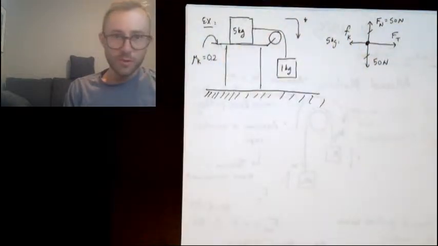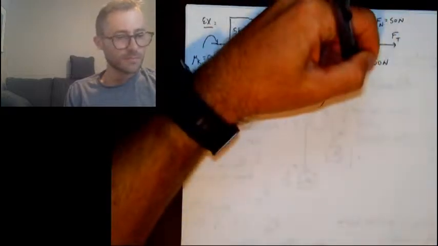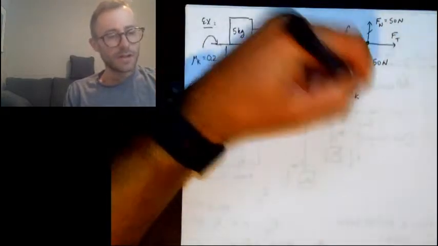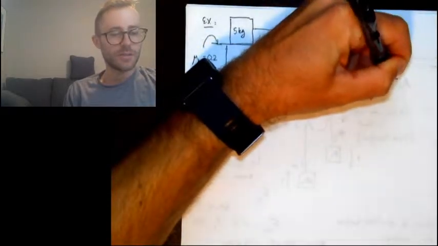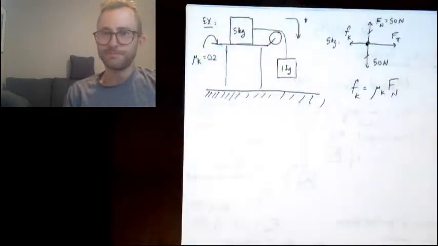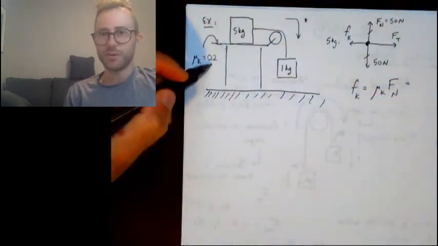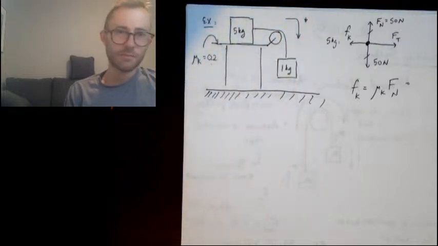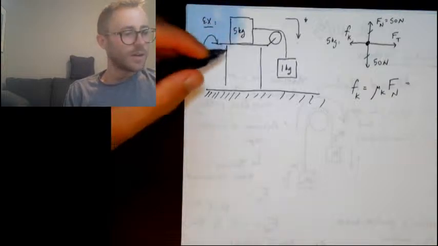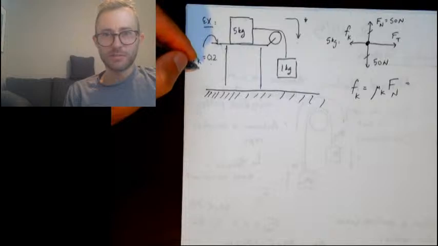Once we know the normal force, we can then calculate kinetic friction. Kinetic friction is going to be mu sub k times the normal force. So we have coefficient of kinetic friction is 0.2, normal force is... I'm going to edit my coefficient of kinetic friction.